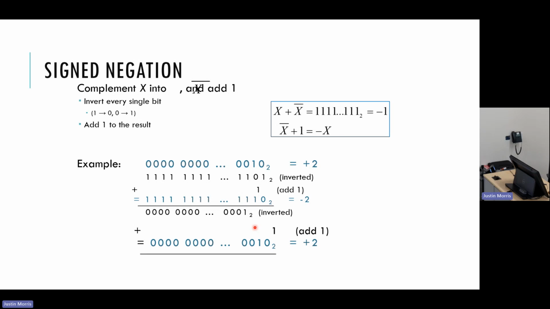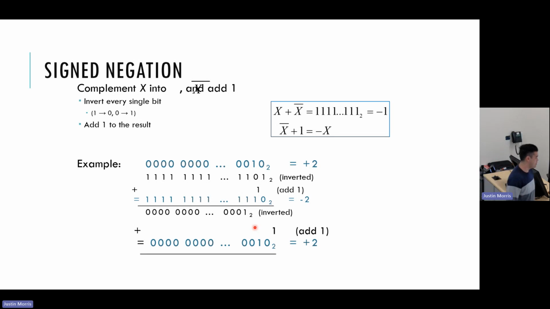So 1 plus 1 is 2, and 2 in binary is 1, 0. So we get a 0 as the output, and then we have a 1 carry. And then 1 plus 0 is 1. And then 0, 0, 0, 0, 0. So that's flip and then add 1. So now this is 2. Is it better? So that's how you're going to go between the two.